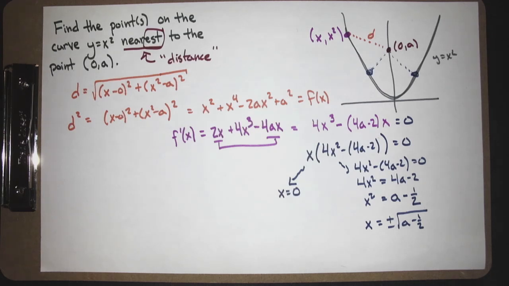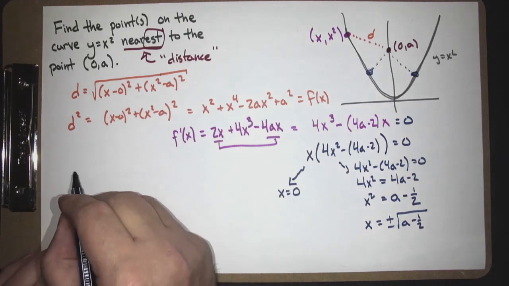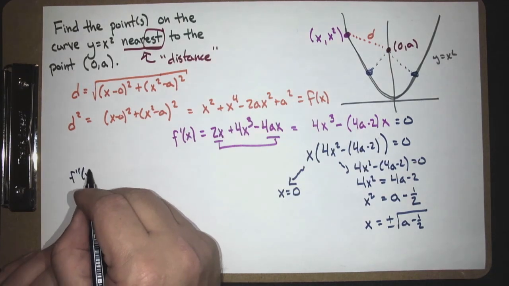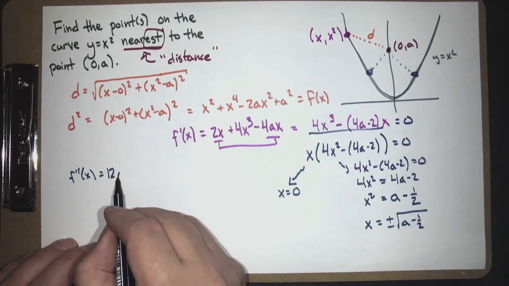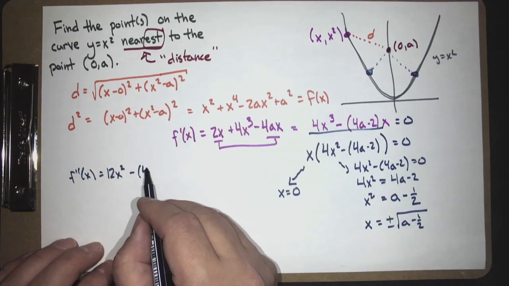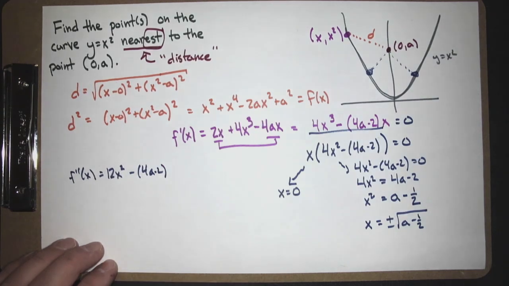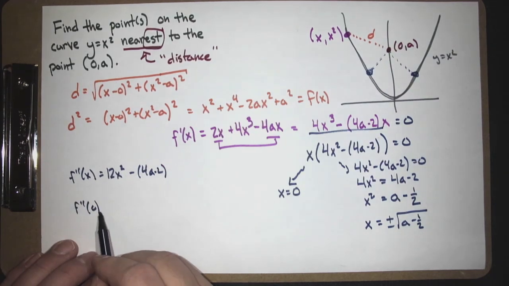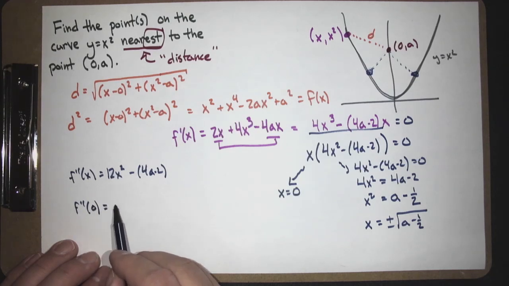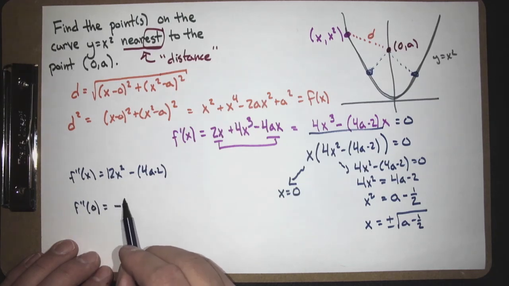Let's start with 0. Let's take a look at the second derivative, because we have the first derivative. The second derivative would be 12x squared minus (4a minus 2). So let's talk about the second derivative at 0. That would be, well, minus (4a minus 2).